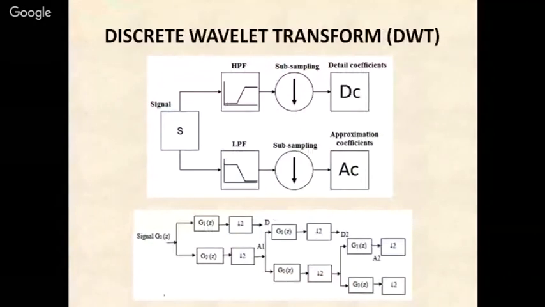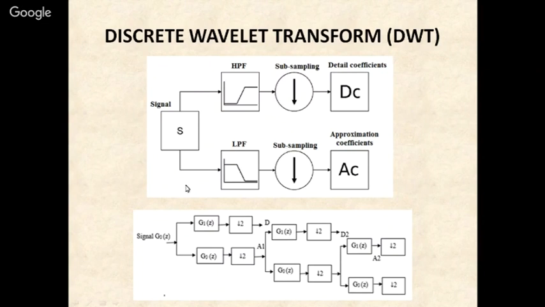So we have to apply some newer techniques so that we can classify the motor's fault. One of the methods is the discrete wavelet transform. This is a time frequency based method. Here the acquired signal is passed through a low pass and high pass filter, and we get detail and approximation coefficients.